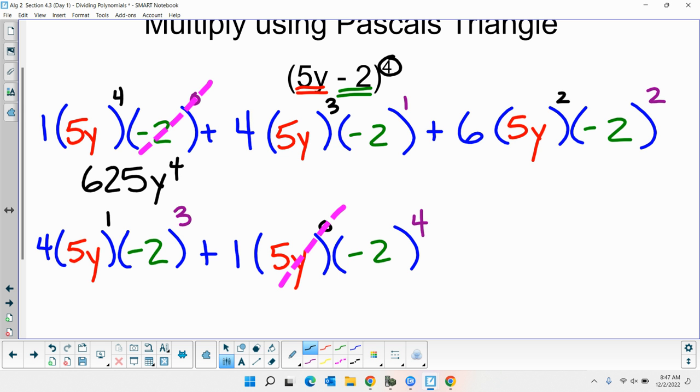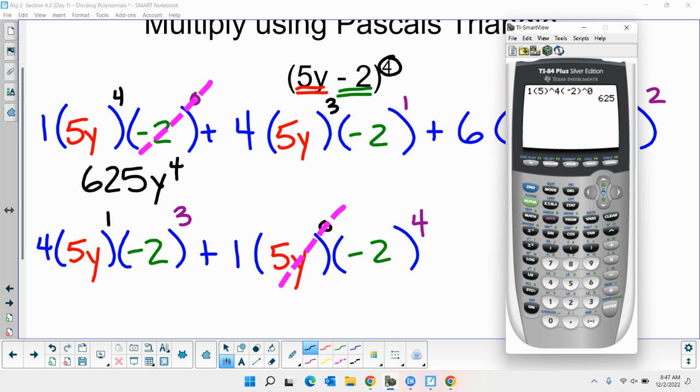Then I'm going to go do this. You can hit second enter, and it brings up what you just typed in, and then I can move my cursor and just change the exponents. Okay? So I'm going to go left. This exponent's going to be a 1 now. And the 4 exponent is going to be a 3, right?